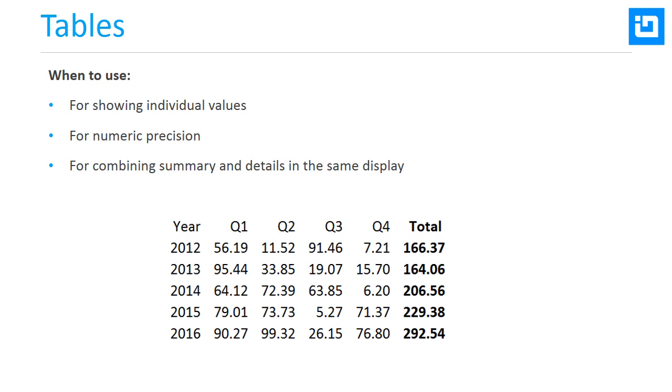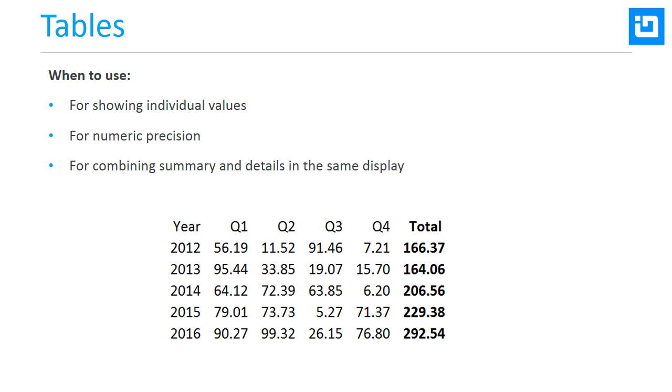Well, tables here allow us to focus on the other extreme, where we really want to see individual values. And we want to see those values in a high precision. So, we want to see, for example, the decimal places, because it may be super important.